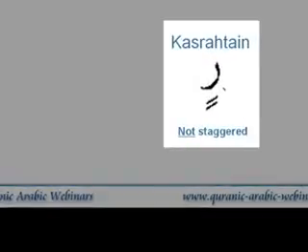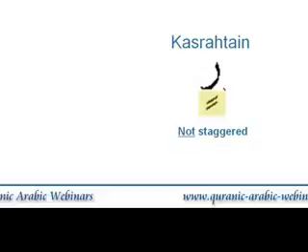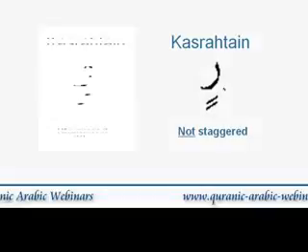Here we have the letter Ra with kasratain underneath it, and one thing you should know, and a lot of people don't actually spot this in the Quran, is if you have a look at the two kasras, they are exactly in line with each other. So we call this not staggered.